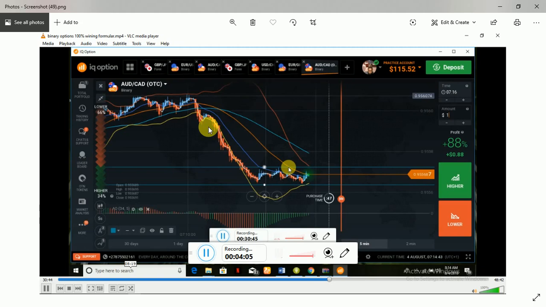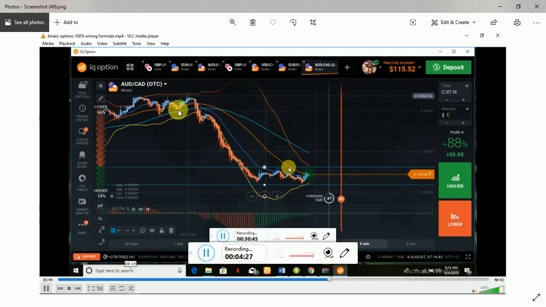So options trading, I recommend it for people who are starting out in forex due to the speed of the movement, depending on whatever direction the trend is going. But it's really good. People need to look into that.